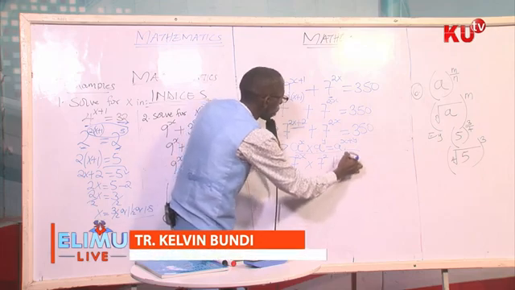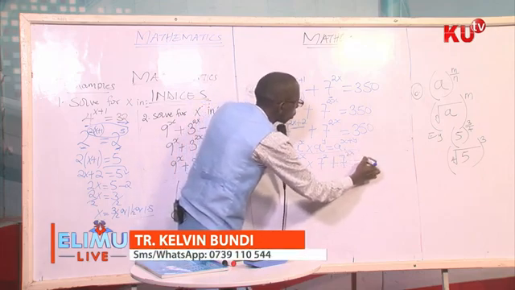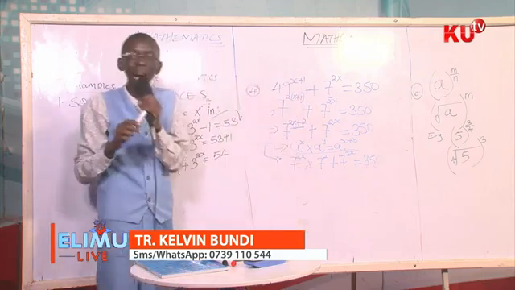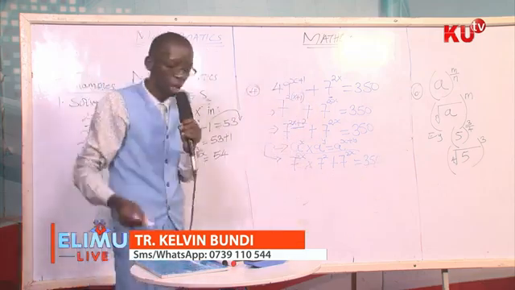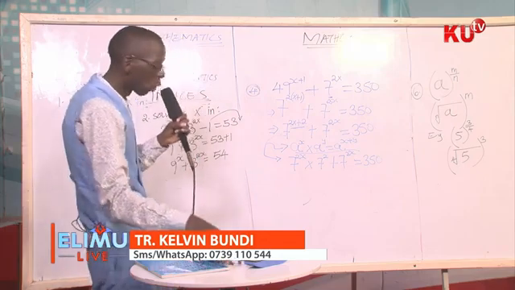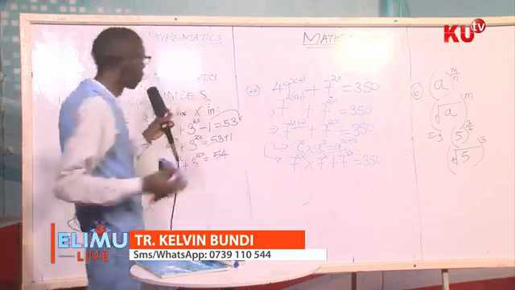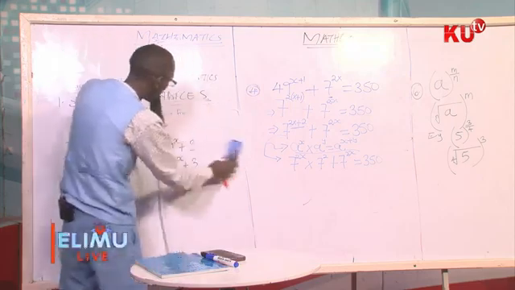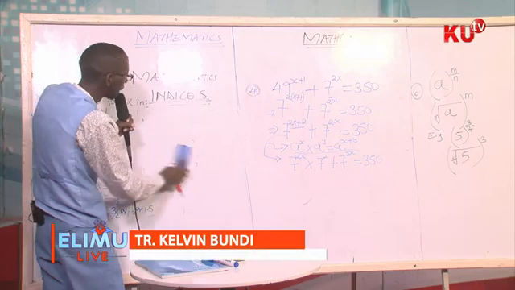Plus 7 to power 2x is equal to 350. So you must master these laws of indices and apply that mastery in solving the questions.